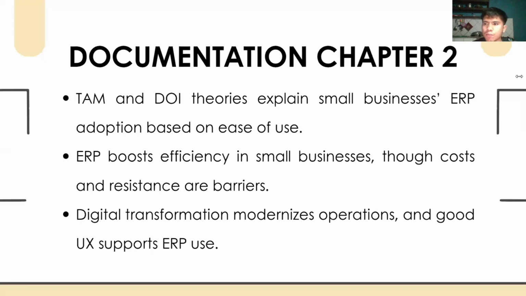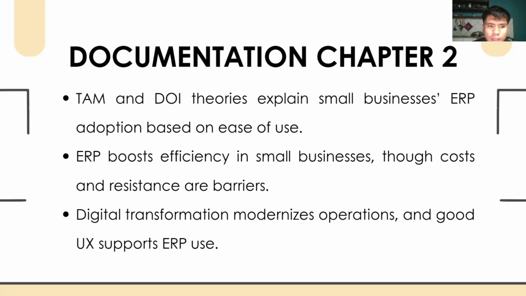Next is chapter 2, which is composed of the RRL, the review of related literature. Here is the summary of the draft outline we created. TAM and DOI, the Technology Acceptance Model and Diffusion of Innovation theories, explain small business ERP adoption based on ease of use. These theories will be utilized in the research.